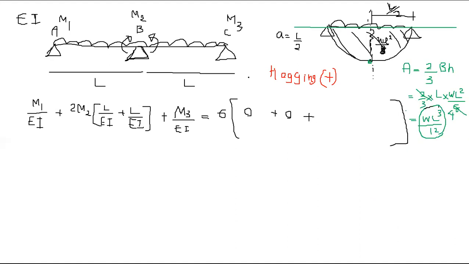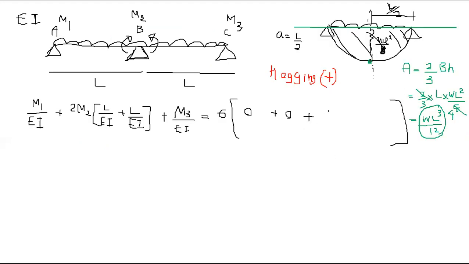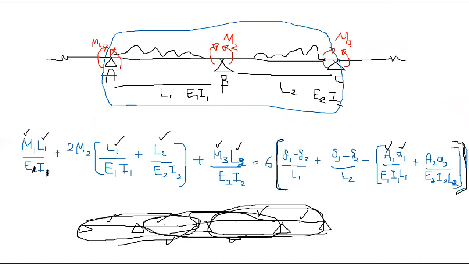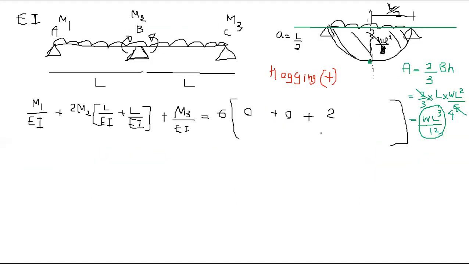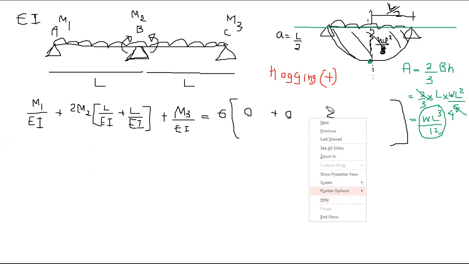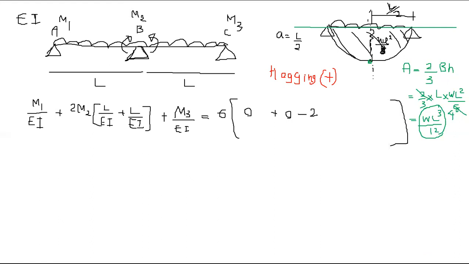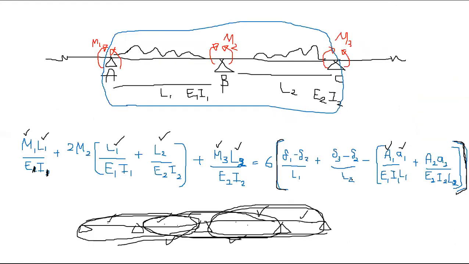These two parts will be the same. The area is the same, the distance to the centroid is the same, and EI L is the same. So I will write 2 times this term, and that is negative, because these two will be the same area.